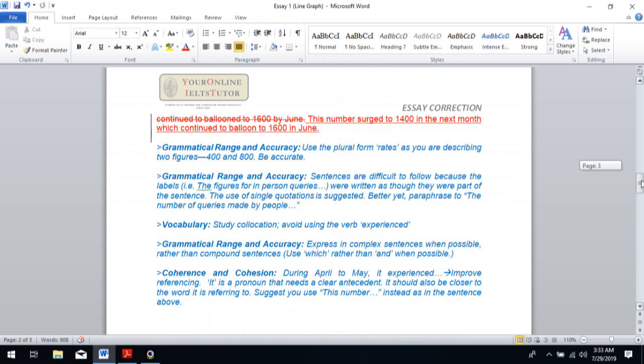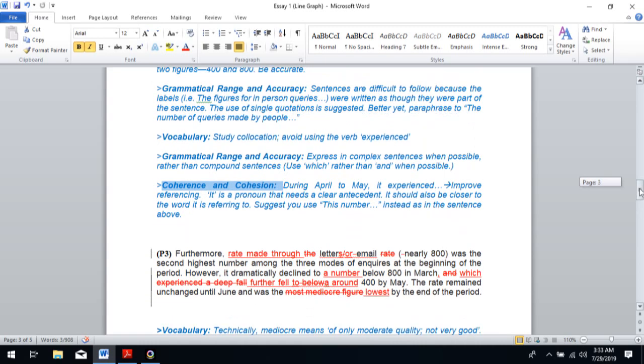Then per paragraph, I also make my comments based on the individual criteria for task 1. So there are several for grammatical range and accuracy, and then there's also one for vocabulary or lexical resource, and then coherence and cohesion.